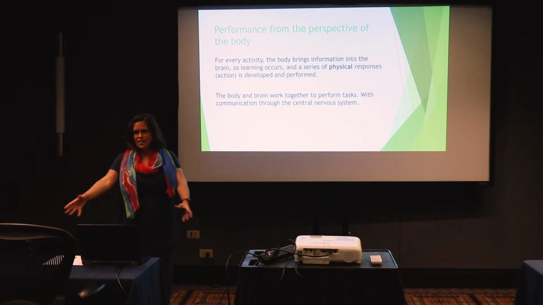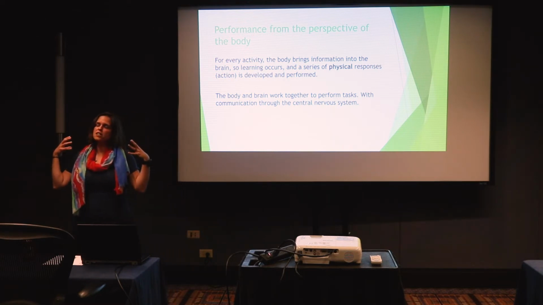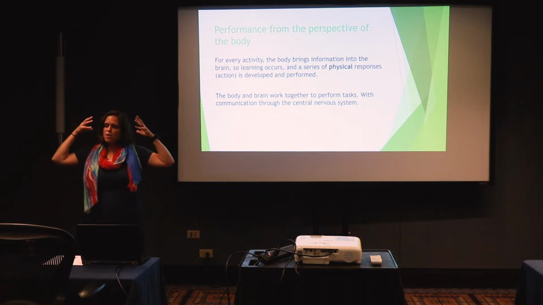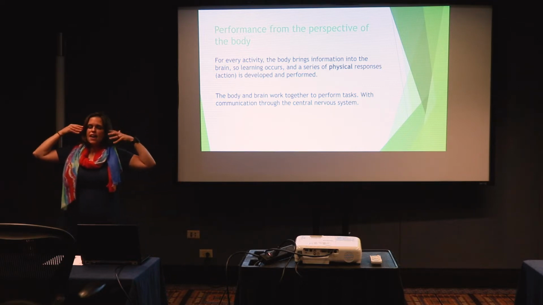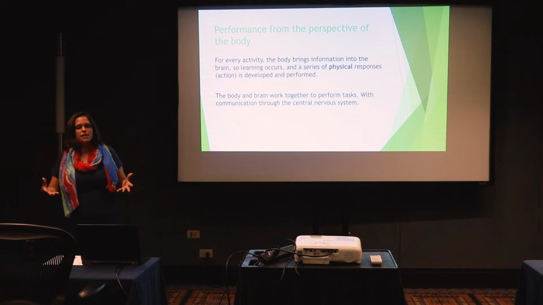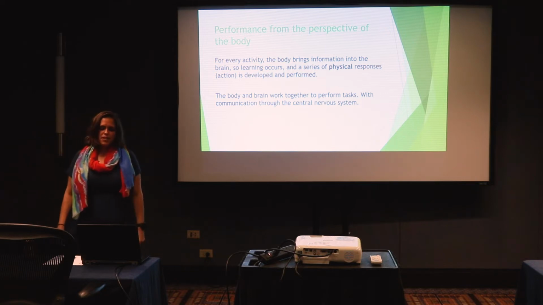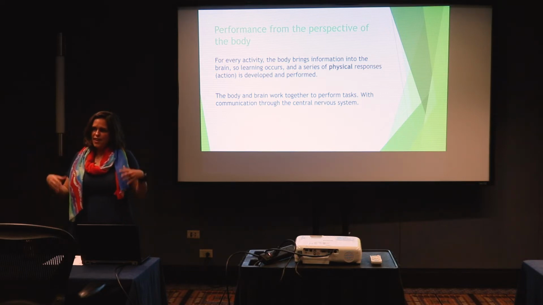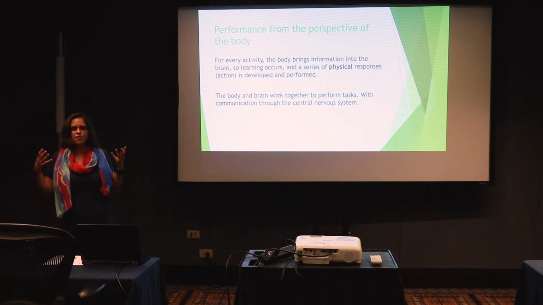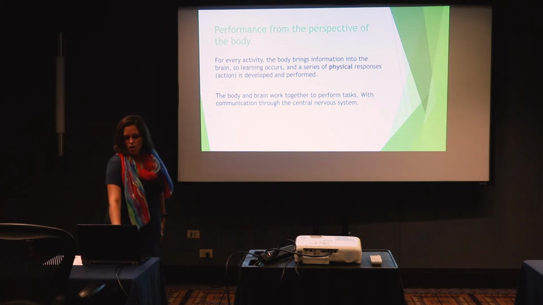What all that does is give us information about what's going on, sends it up to our brain, which goes, okay, this is what we're going to do, and it develops a plan and performs it. So the body and the mind, the brain, have to work together, and they communicate through our central nervous system, through all those nerves.